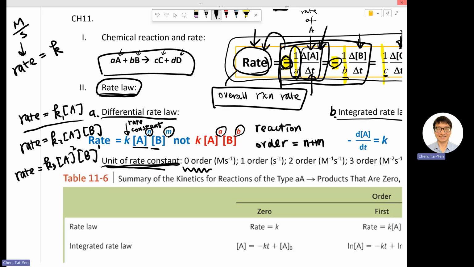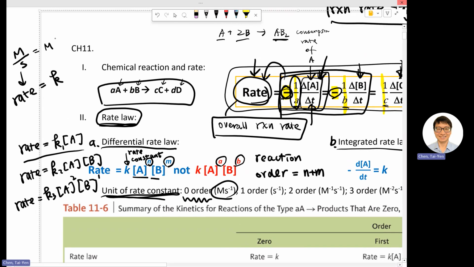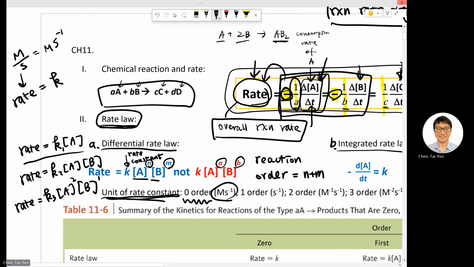So you can see that in the zeroth order, your rate constant has the same unit as your reaction rate, which is molarity per second. That's why we put it here.